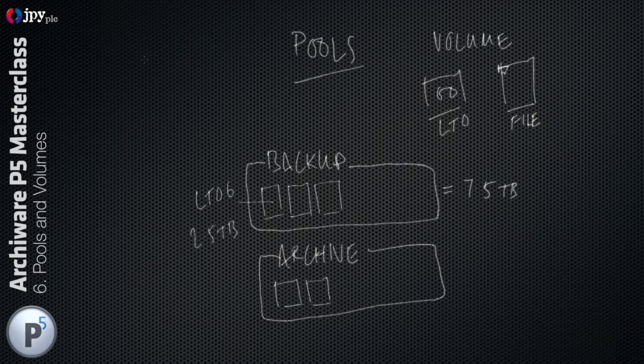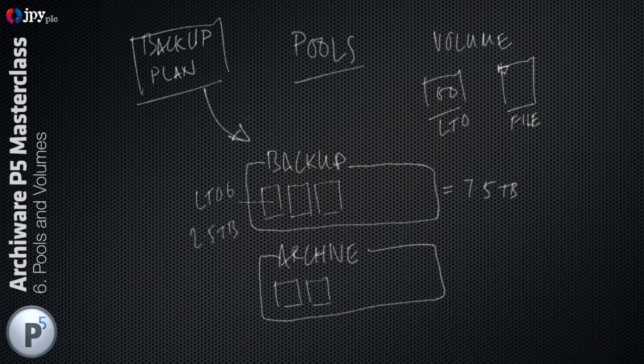Then we write a backup plan over here, which is our backup configuration, which we'll cover in the backup video. The backup plan will say back up this data at this time on these days of the week, and back it up to a given pool, like the backup pool, and likewise for an archive plan.